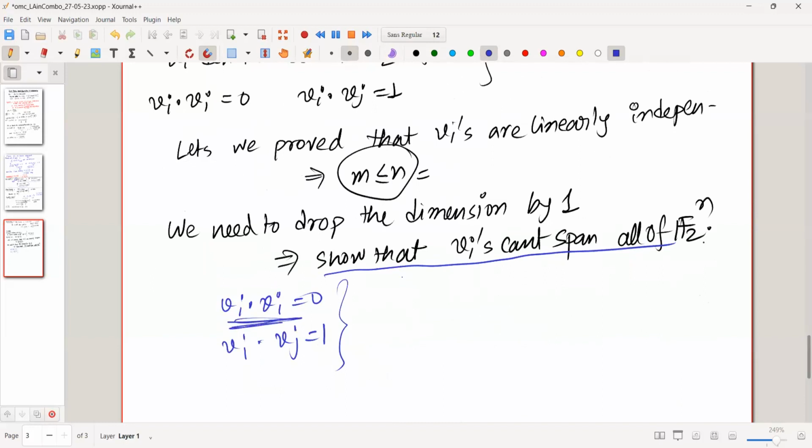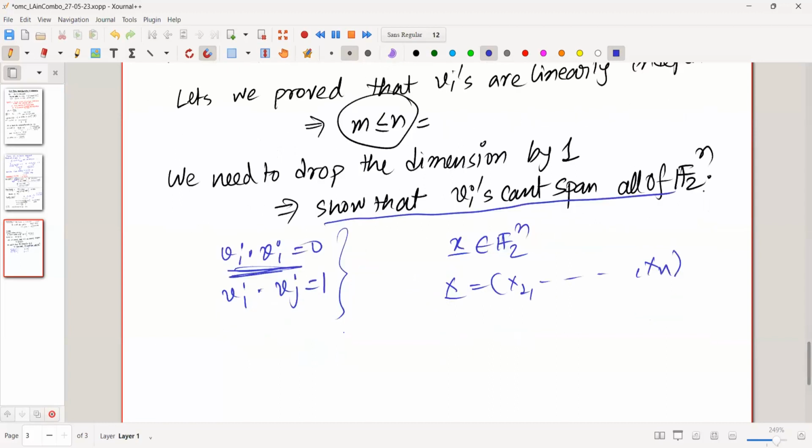So what can you say about this condition? Suppose you have a vector X in F2^n, such that X is X1, X2 up till Xn, and suppose X dot X equals 0.